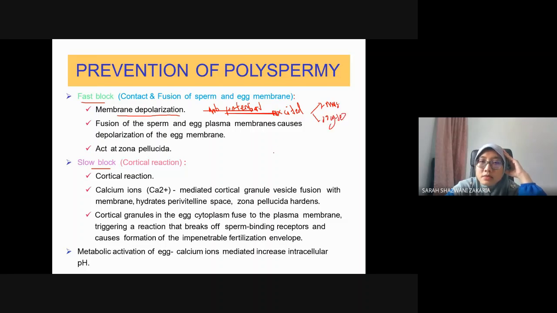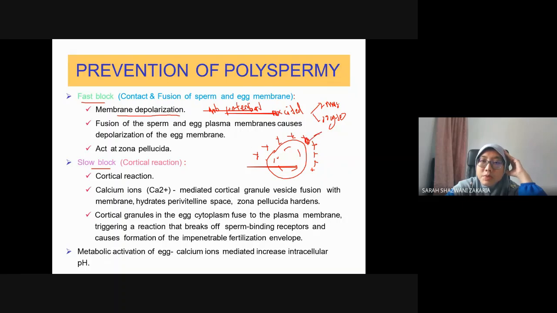Inside the oocyte is more negative, outside the oocyte is more positive. This membrane potential is disturbed by the presence of the sperm head.